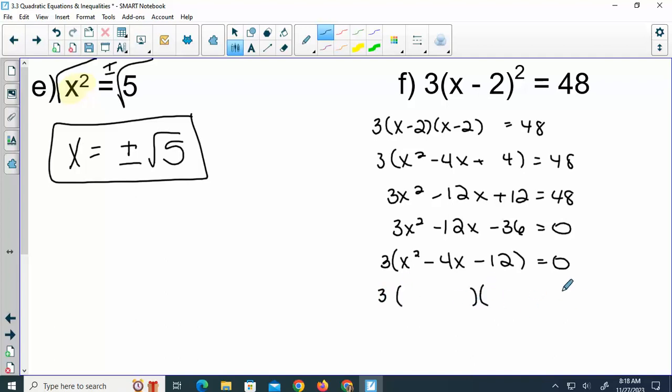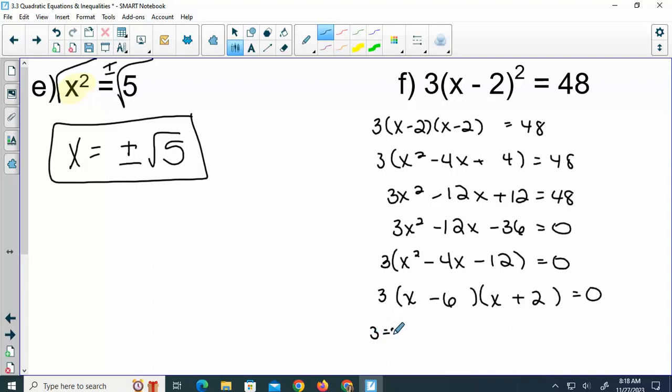Okay, since it's now 1x squared, we can do a shortcut. What multiplies to negative 12 and adds to negative 4? 6 and 2. So if we go to set these equal to 0, we really have 3 things multiplied this time.